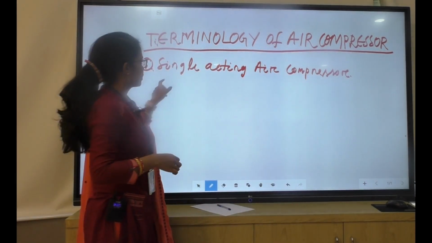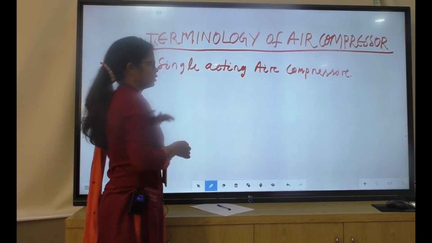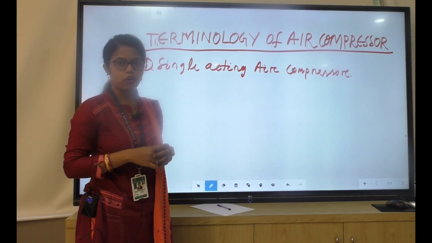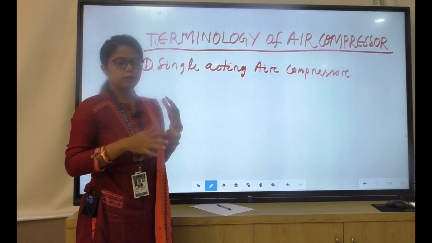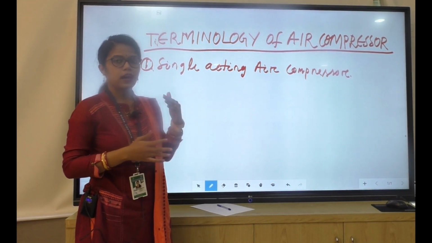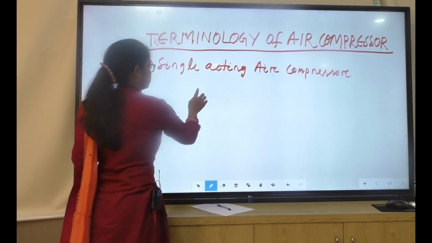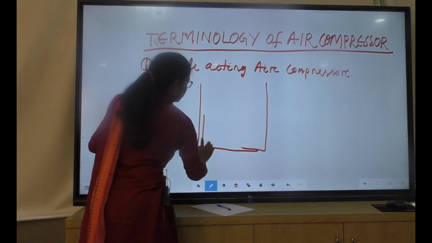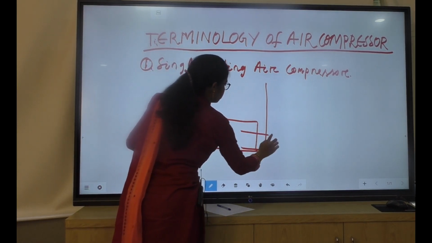That means, in this type of air compressor, the suction, compression and delivery of compressed air happens at one side of the piston. Suppose this is the cylinder and inside the cylinder the piston is there.